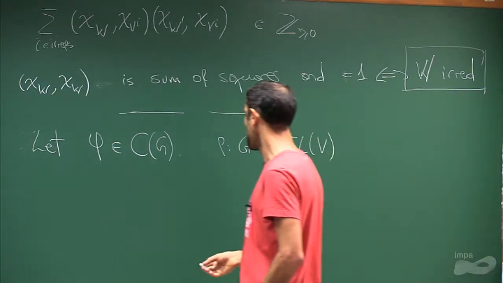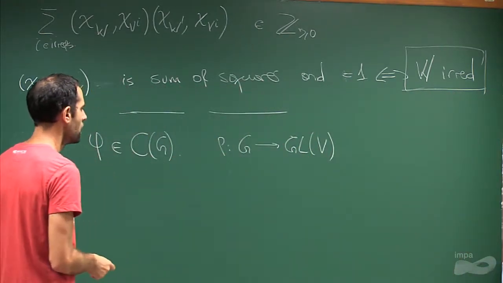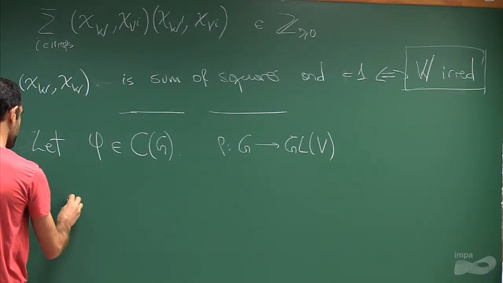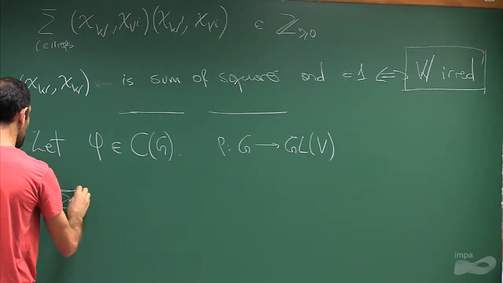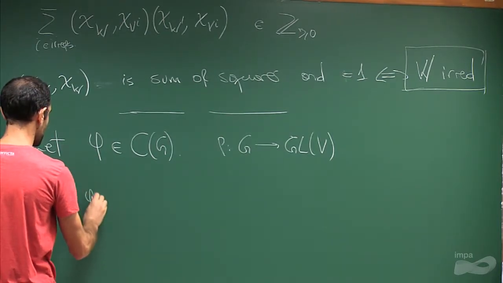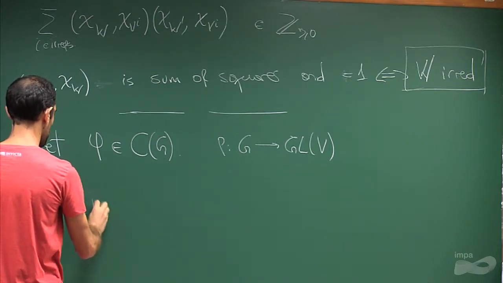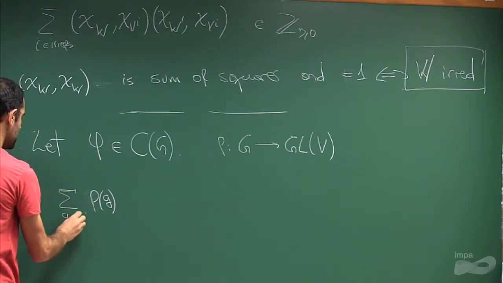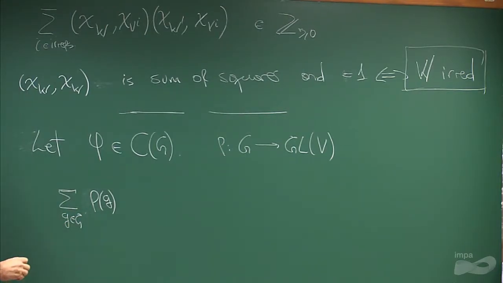So notice the following, that if you look at the sum, perhaps I'll normalize it later, I just look at the sum of rho of g, g in G. Perhaps let's normalize it.